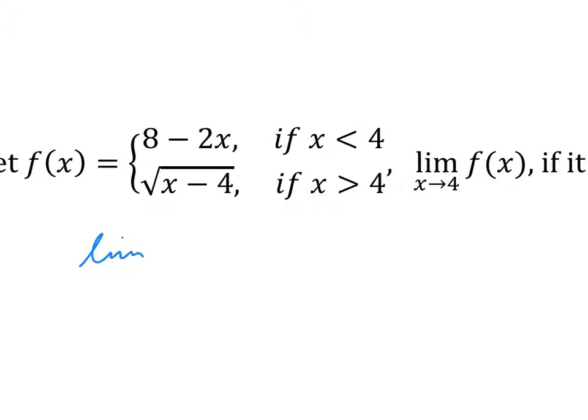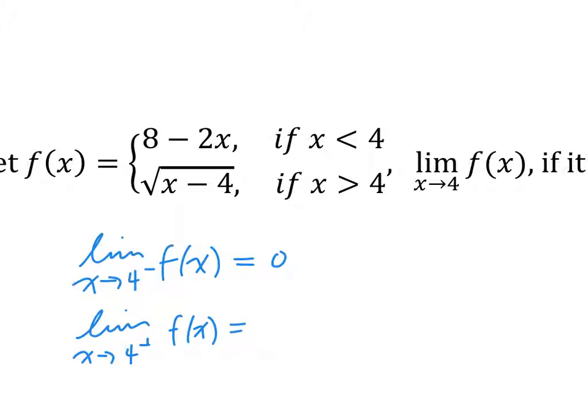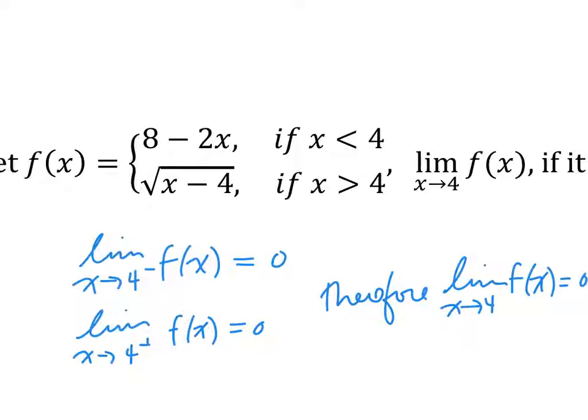So limit as x goes to 4 negative, f of x is equal to 0. Limit as x goes to 4 positive, f of x equals 0. Therefore, limit as x goes to 4 of f of x is 0.